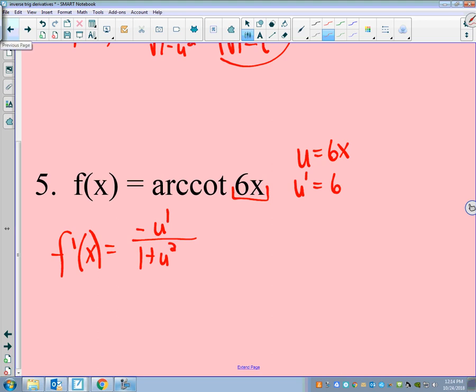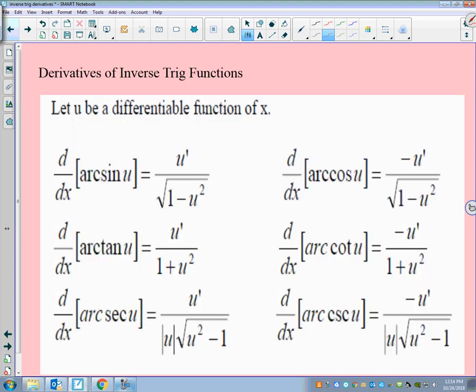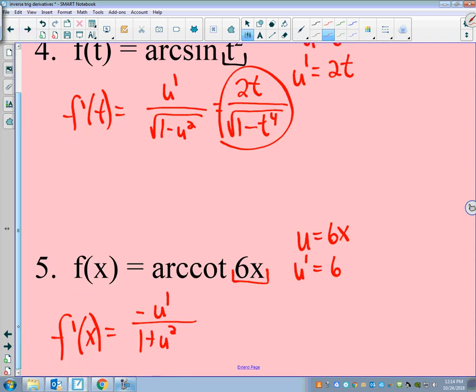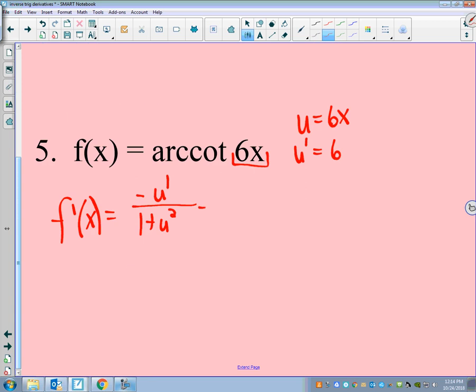Let's go back just to make sure that I'm correct. Negative u prime over 1 plus u squared. My advice is to try to write them out and then go back and check. Kind of a good way to check them. So negative u prime would be negative 6 over 1 plus 36x squared. That's it. It's not much you can do with them.